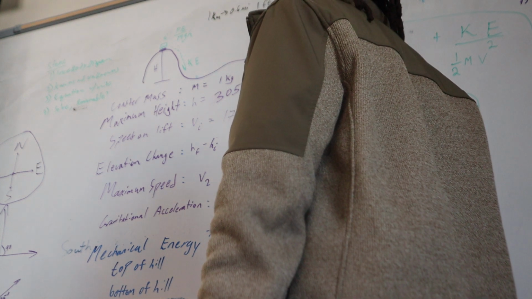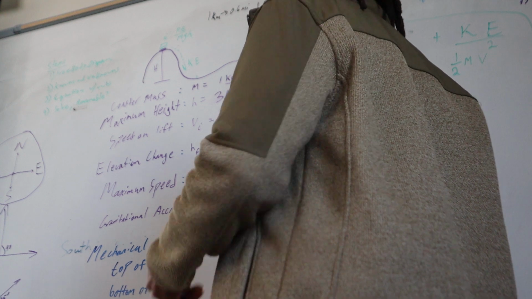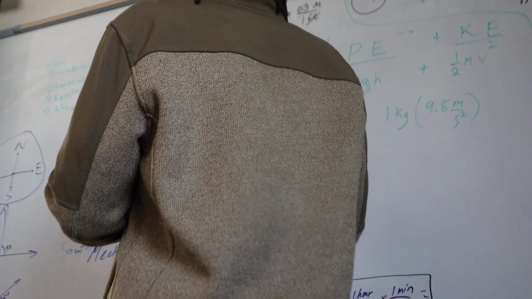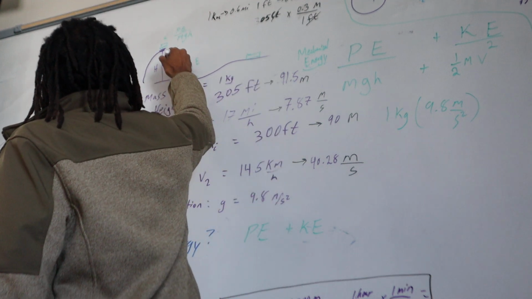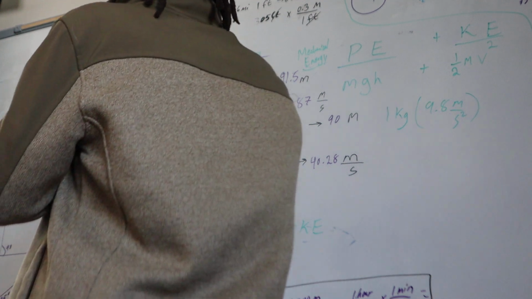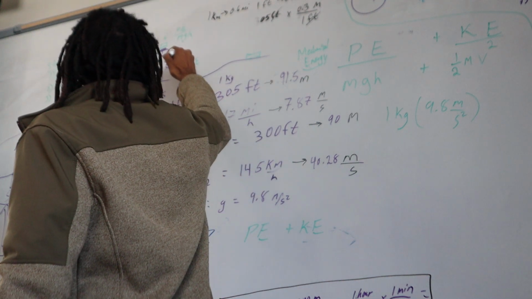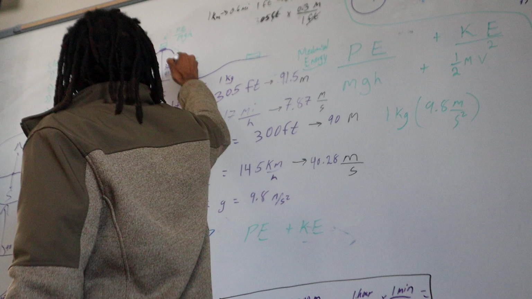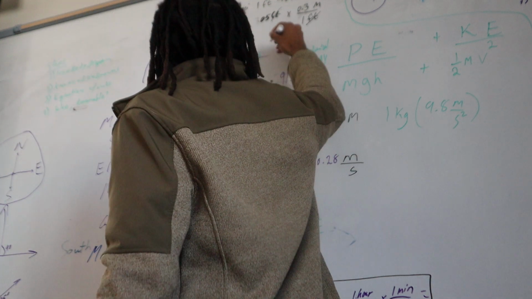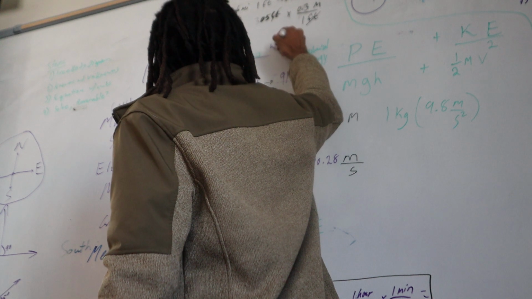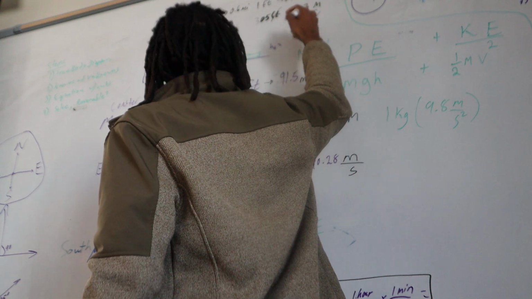Let's just go with it, 305, so 91.5 meters. And then this height, H final, is 90.